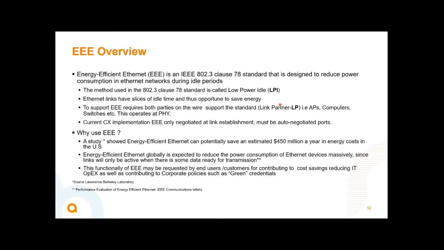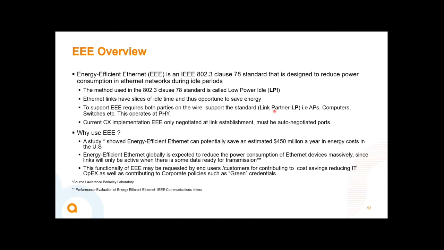Another really important thing to understand is we're not alone in this game effectively. We work with a link partner. Our link partner is whoever's on the other side of the link. Typically where we're aiming this feature at is on endpoints.